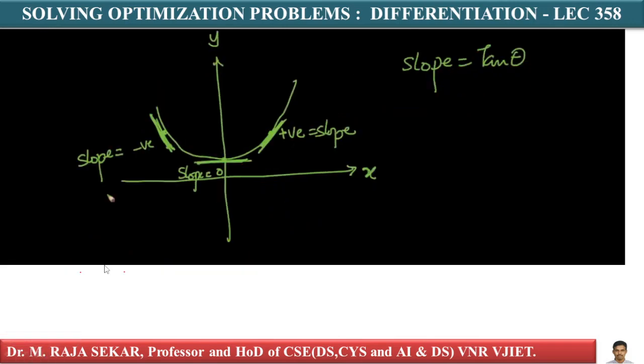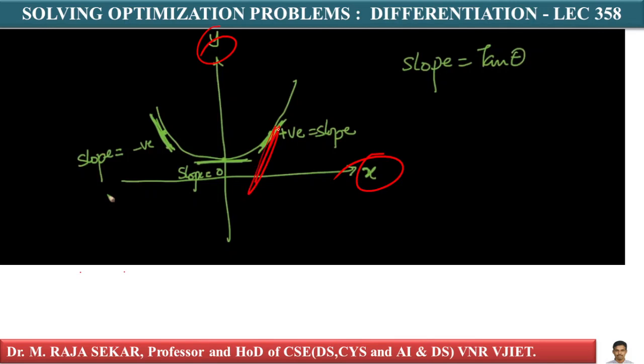Intuitively, I can summarize all of these in a single plot. For example, let's take a plot like this. It looks like a parabola. This is my x, this is my y. What is the slope here? Here the slope will be positive.